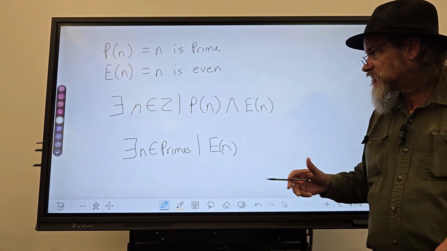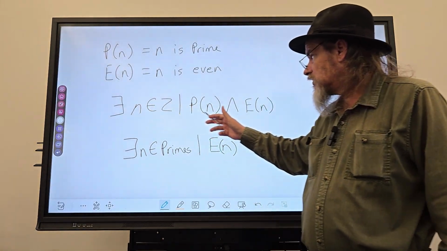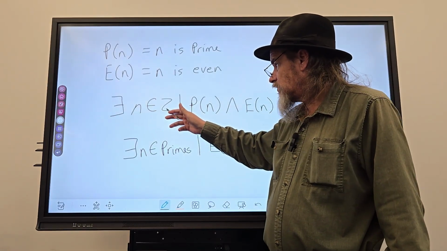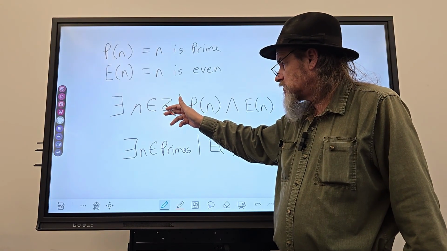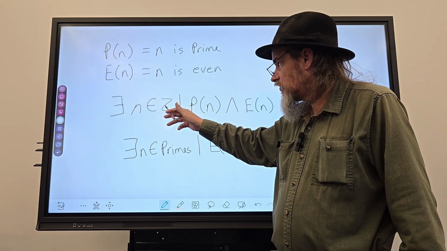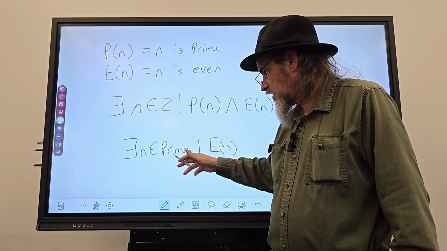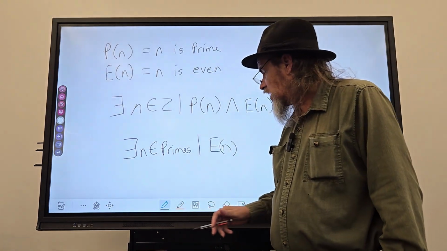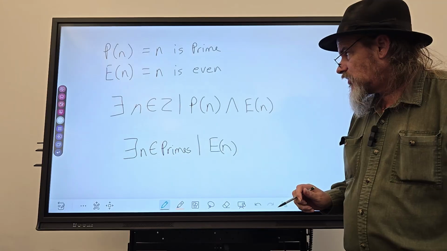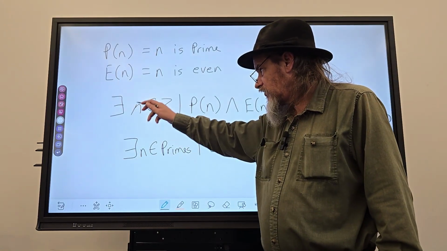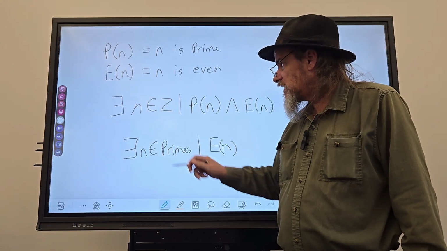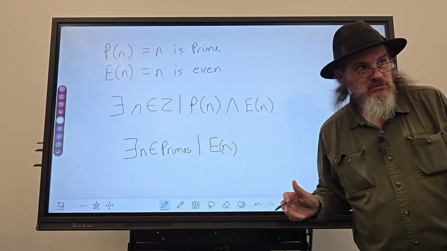So here, n is an element of integers. Here, n is an element of primes. So n has two different meanings here, and they have different scope.